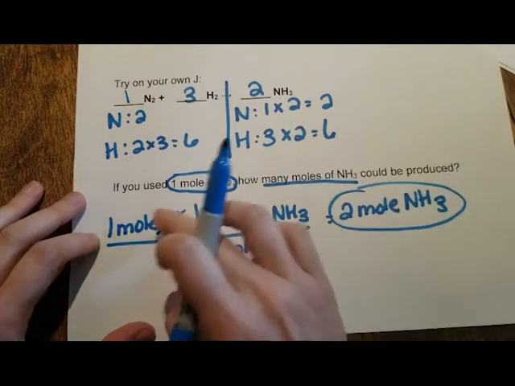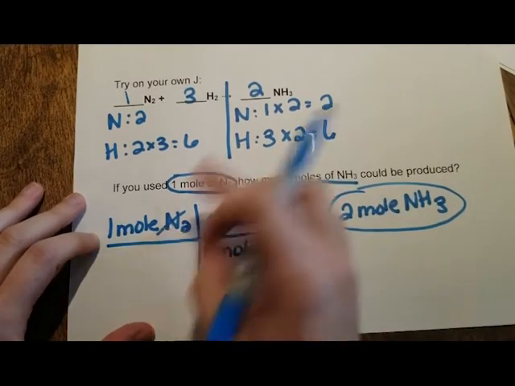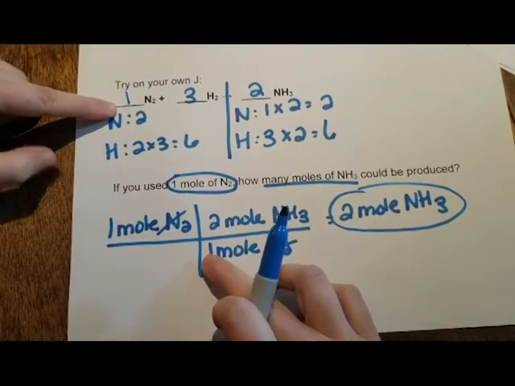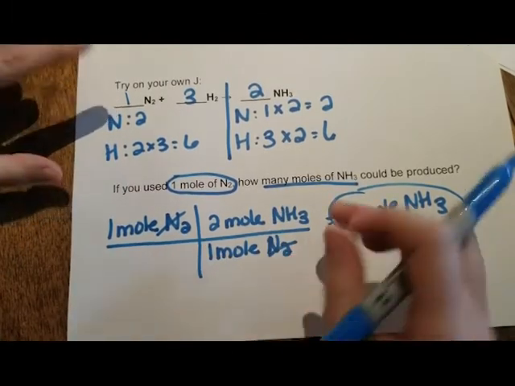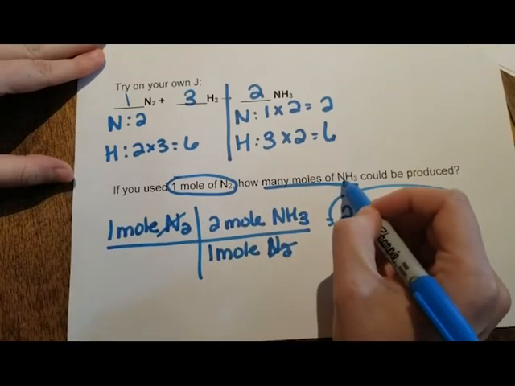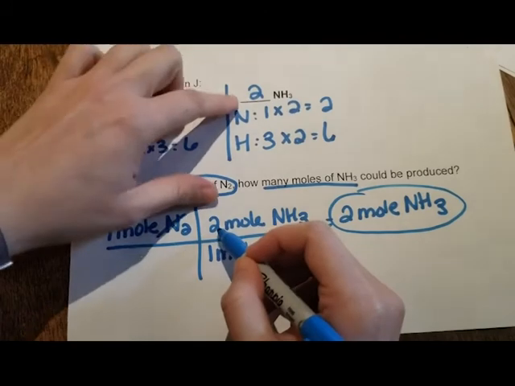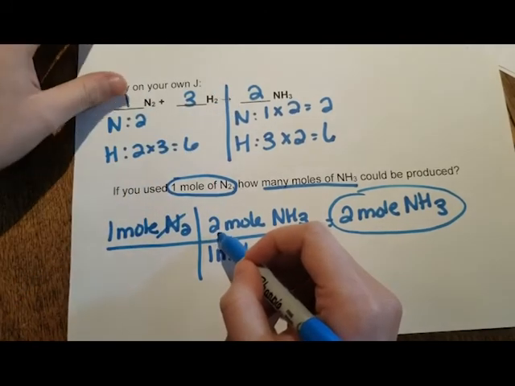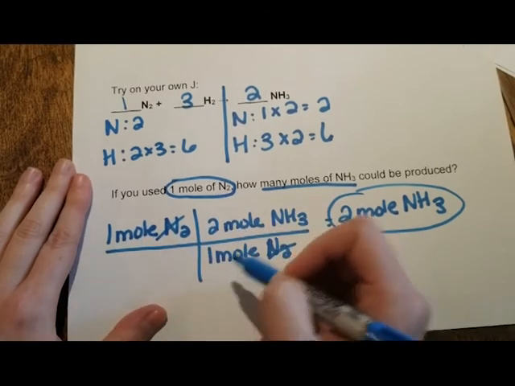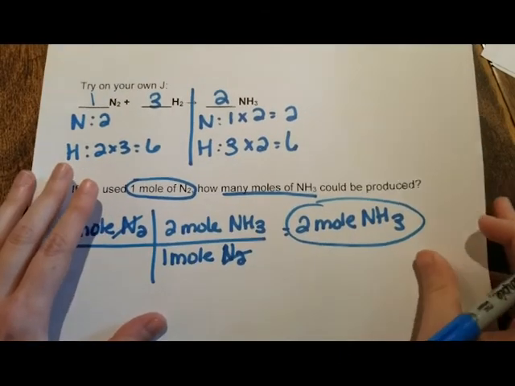So I'm putting my given in this very first spot. I want to cancel out moles of nitrogen, so I look up here and I have my 1 coefficient, 1 mole of nitrogen. My moles of nitrogen cancel out. I want to end up with moles of ammonia, so I need the coefficient from ammonia, 2. So 2 moles of ammonia over 1 mole of nitrogen. 1 times 2 divided by 1 gives me 2 moles of ammonia.